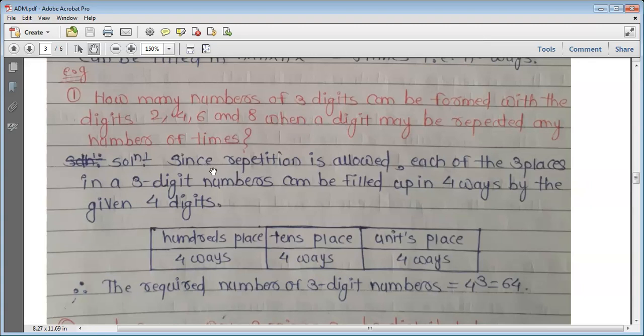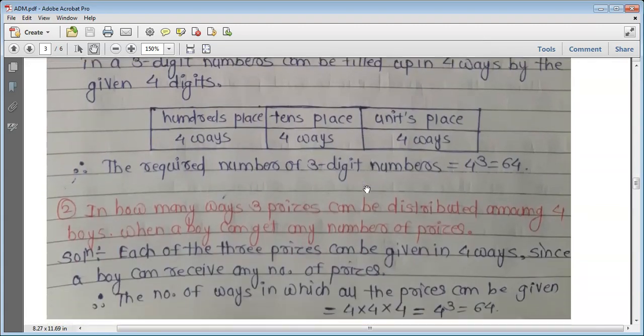Since repetition is allowed, each of these three places in a three-digit number can be filled in four ways by the given four digits. That is, the 100s place has four possibilities, the 10s place has four possibilities, and the unit place also has four ways. Therefore the required number of three-digit numbers is 4 into 4 into 4, which is 4 cube, and 4 cube is 64.